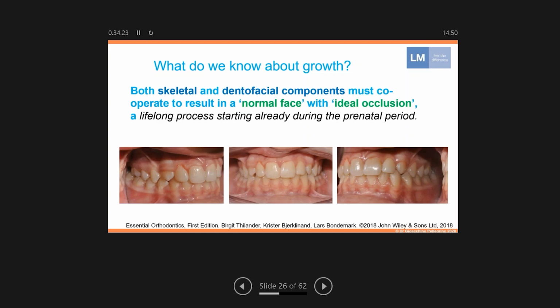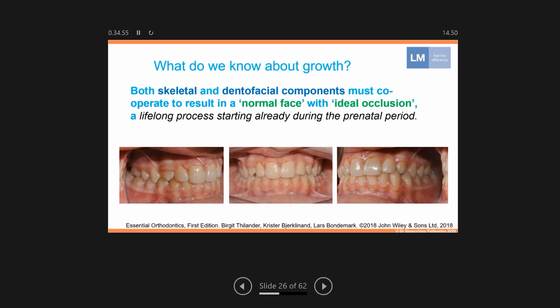Both skeletal and dentofacial components need to cooperate with each other during growth, so as to result in a normal face with a good, ideal occlusion. And this is a lifelong process, because it starts before birth and goes on trying to reach the best results.